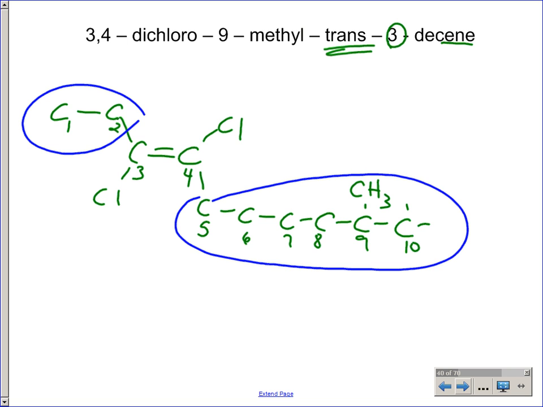That means it is trans. So if we had to, we could put in all the hydrogens as well here. So every empty space, of course, hydrogens need to be added because every carbon needs 4 bonds.